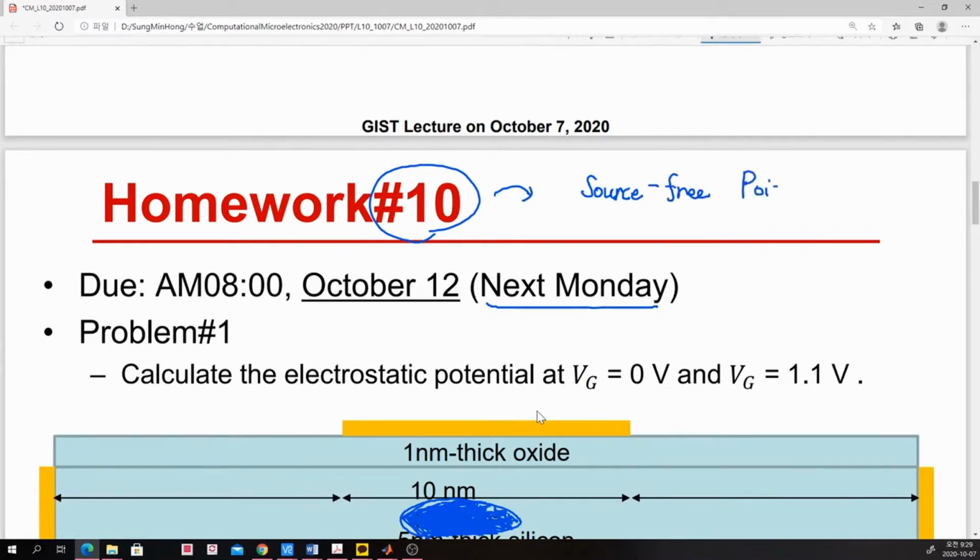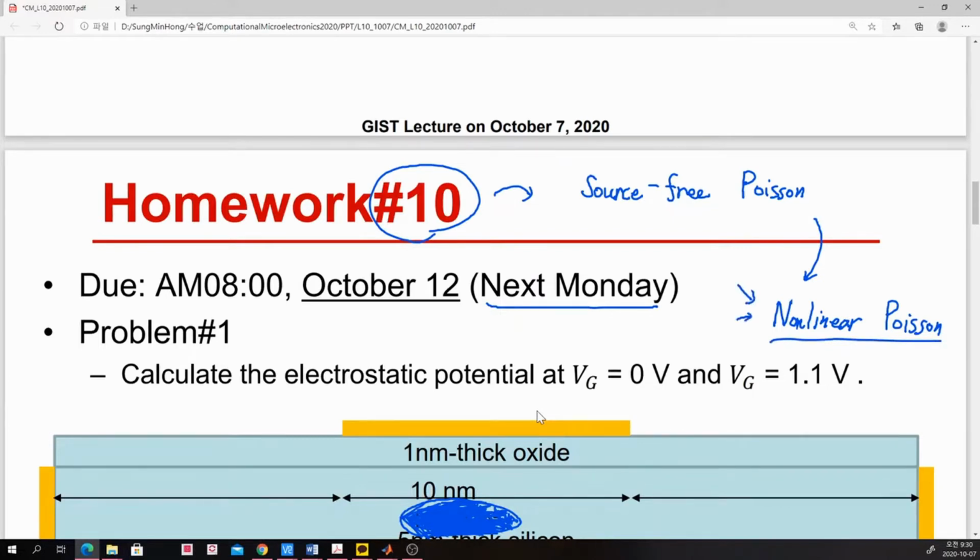So why am I suggesting it this way? The problem is that eventually we want to make the nonlinear Poisson solver, but unfortunately this nonlinear Poisson solver has many ways to be corrupted.